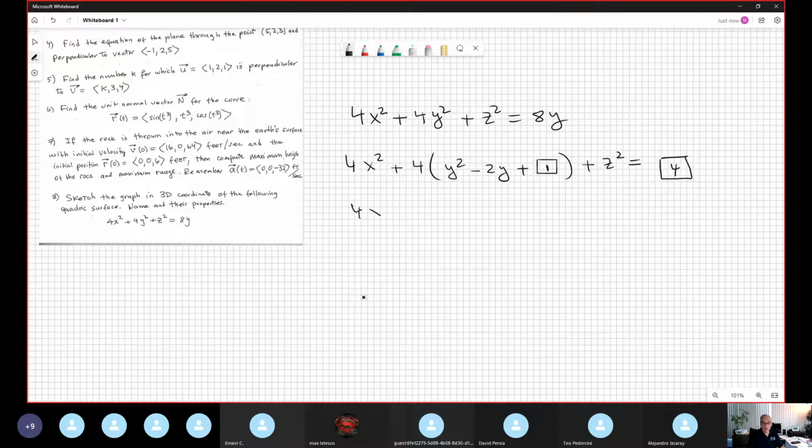So now 4x squared plus 4, y minus 1 squared plus z squared equals 4. What do you say? Ellipsoid, of course, absolutely, Álvaro.